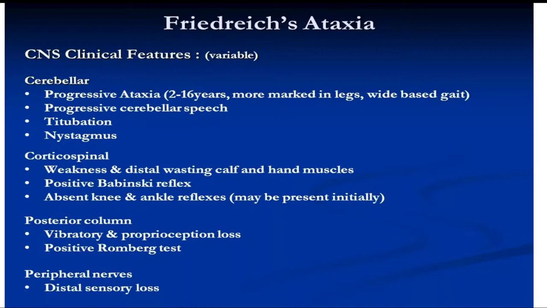These are the symptoms of this disorder. This is affection of the spinal cord and brain, weakness of muscles, and a distal sensory loss, so many symptoms of this disease.